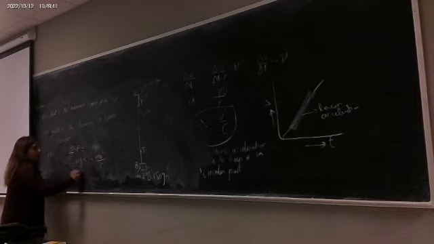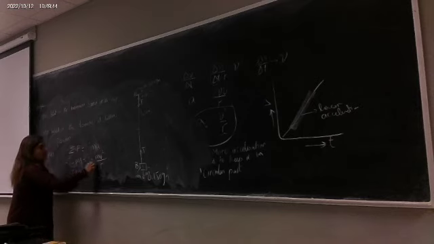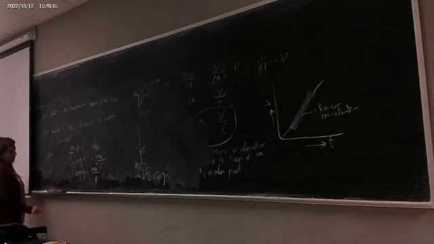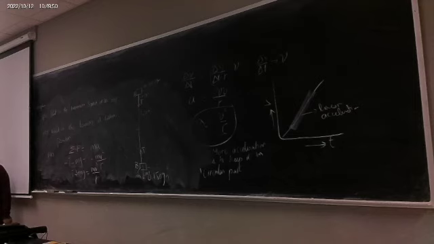T plus mg equals mv square over r. So you said that the tension should be the lowest. Yes, it should be the lowest, but how low could it be?